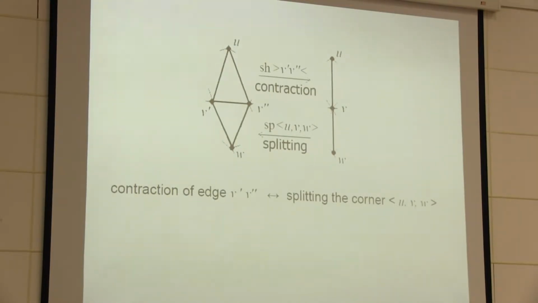And we want to contract that edge. When we contract the edge V prime V double prime, it degenerates into one single vertex V, and the two faces collapse to two single edges respectively. The inverse operation is called splitting, vertex splitting.